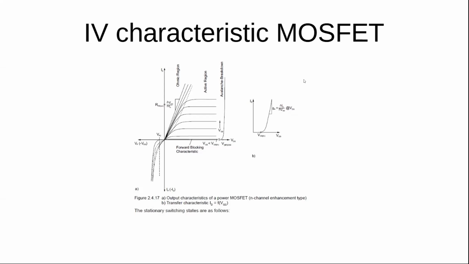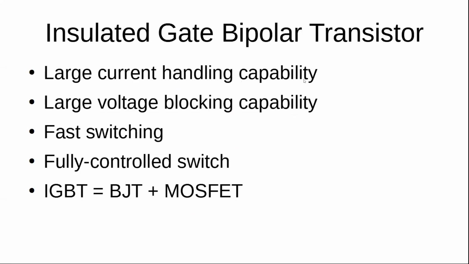Okay, so cool. I'm sort of speeding through this because I want to get to the IGBT. You have a bunch of issues with a BJT and with a MOSFET. One idea was to come up with a device that would take the benefits of both. One of the issues with a MOSFET was that it was a unipolar device.